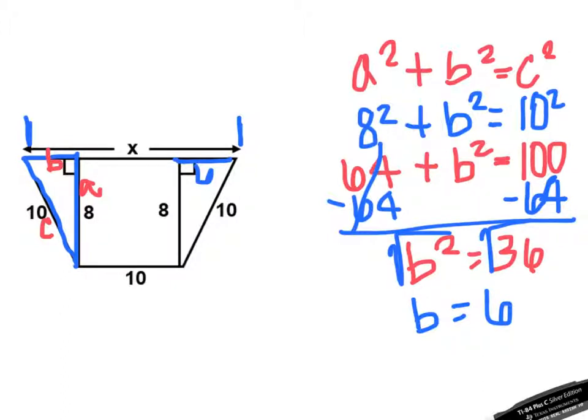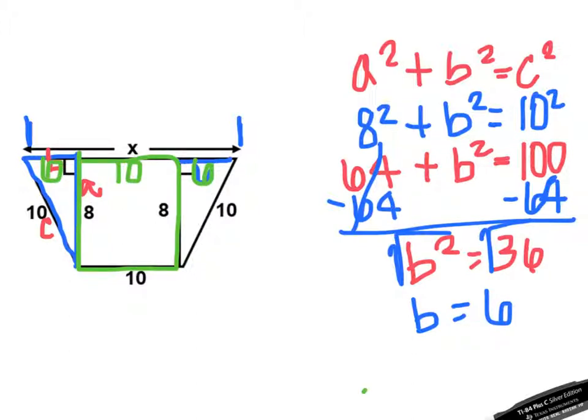What you probably notice is that you have a square or a rectangle right here. So if this side is 10, this side must be 10 as well. And then you have 2 triangles that are congruent. This one as well as this one. So if this is 6, this one must be 6 as well.